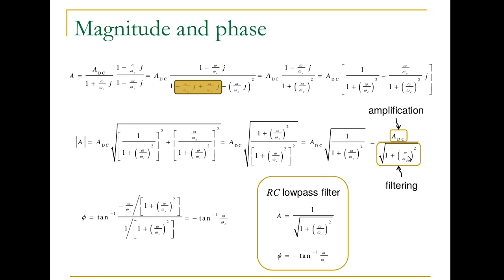So as omega increases, our gain magnitude is going to decrease. So for this low pass filter, low frequency signals are going to pass through with amplification close to the DC gain, but then high frequency signals will get smaller amplification.